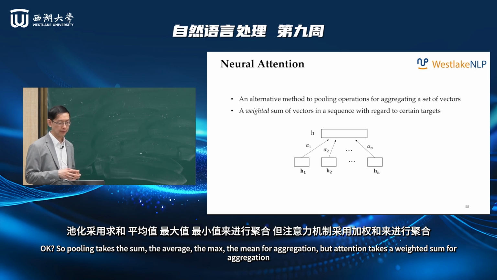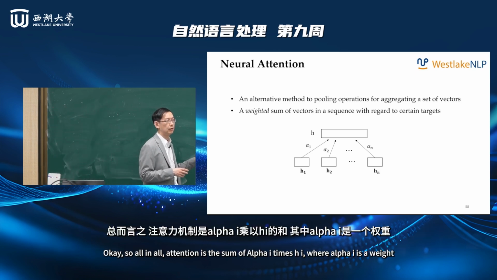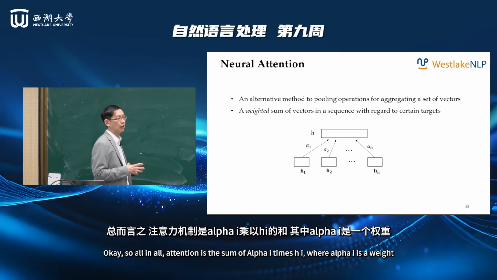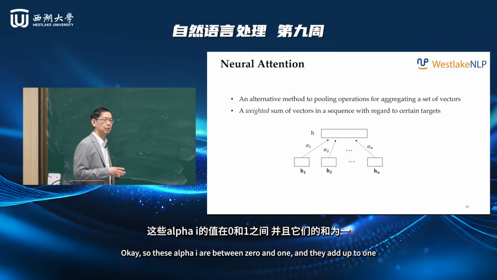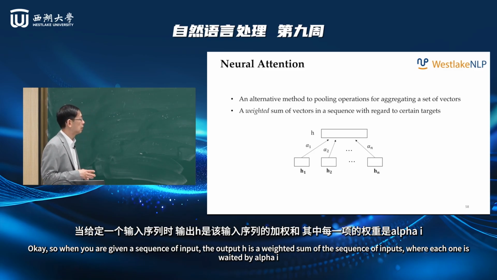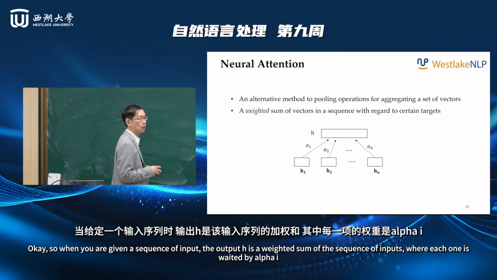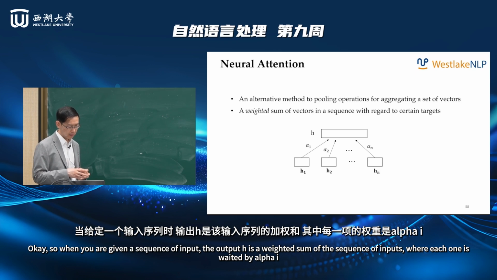So all in all, attention is the sum of alpha_i times h_i, where alpha_i is a weight. These alpha_i are between 0 and 1, and they add up to 1. When you're given a sequence of inputs, the output h is a weighted sum of the sequence of inputs, where each one is weighted by alpha_i.